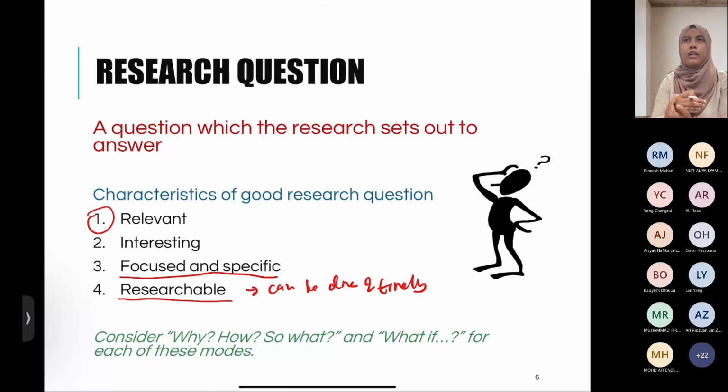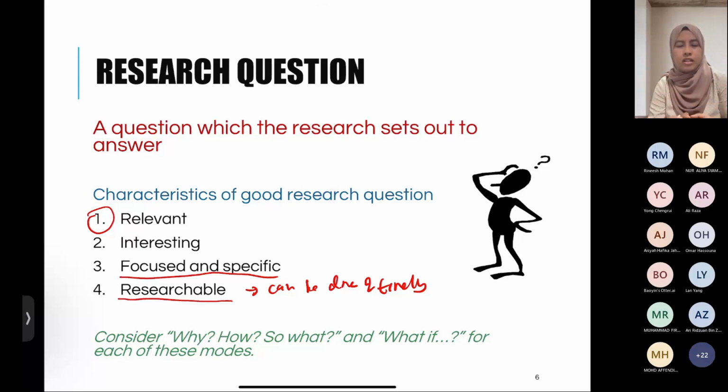You need to show that the solution is not just one time of Googling and you get the answer already. You must show that it needs further investigation. You need to test on certain materials and all that. And it can be done within 2 semesters because you are just a master's student, you are not a PhD student. A PhD student has up to 8 semesters, 4 years of doing a PhD, but that is considered long. So you don't have the luxury of time.